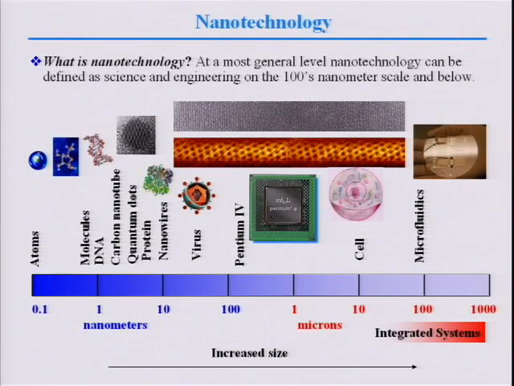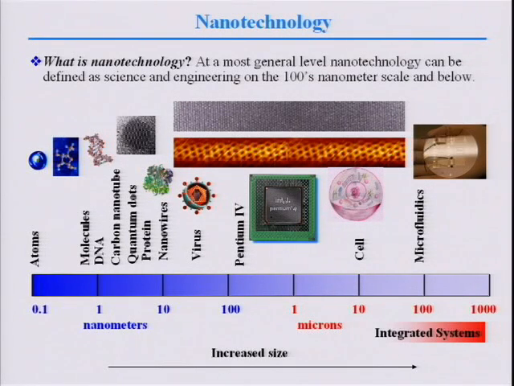They're all in this nanometer regime. Going up slightly to 10 nanometers also, semiconductor nanowires and all other nanowires I'm going to talk about in just a few minutes. And viruses have a size close to 100 nanometers also.